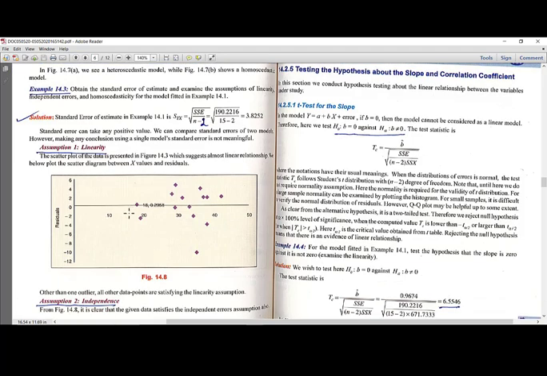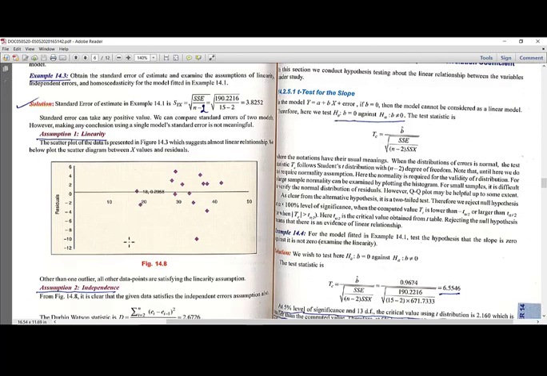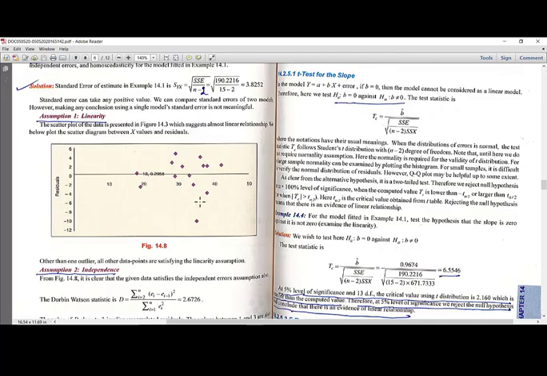Here, if you see, x values are shown here along this x-axis and residuals are shown along this y-axis. And we can observe that almost linearity is present here. So the scatter plot of the data, yes, here, this is the scatter diagram between x values and residuals.